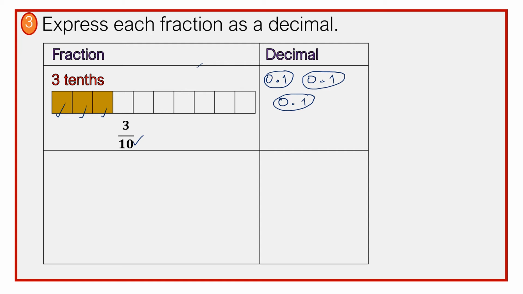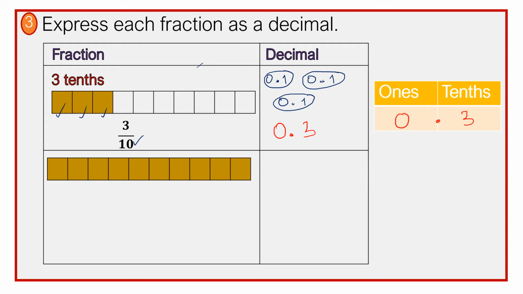So altogether we get 3/10, which is 0.3. Now, when we write this in the place value chart, we will write 0 in the ones place, we write a point, and then 3 in the tenths place. So we have 0.3.